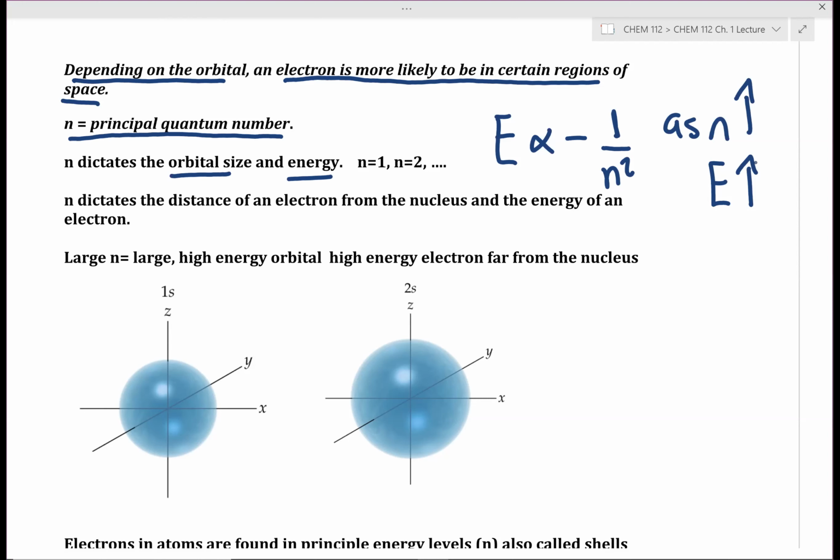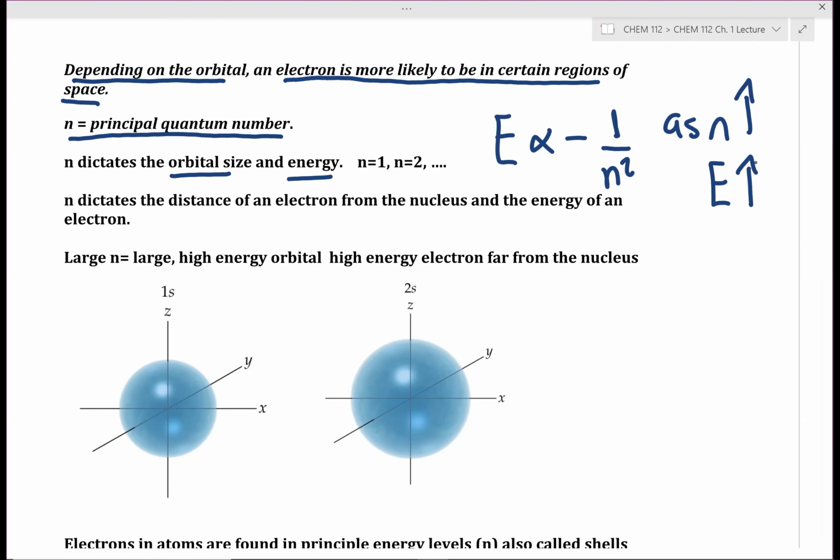Is an electron associated with the nucleus high in energy or low in energy? Yes, a negative number tells us the electron that is close to the nucleus is lower in energy. So as we increase our orbital size, as we get farther away from the nucleus, what happens to our energy?